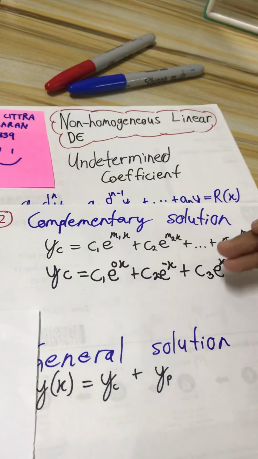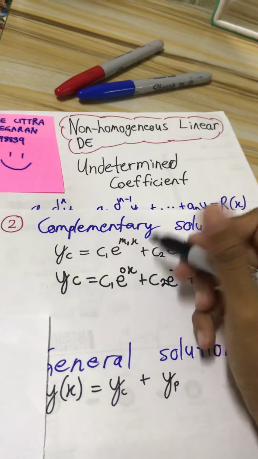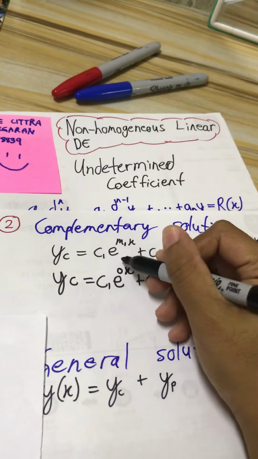So here we can simplify the yc, where e power of 0 becomes 1. So yc becomes c1. This one is 1, so just write c1. Then plus c2 e power of minus x plus c3 e power of x. So here we get the yc, which is the complementary solution.